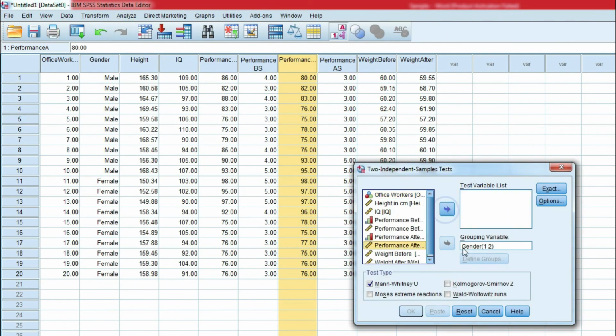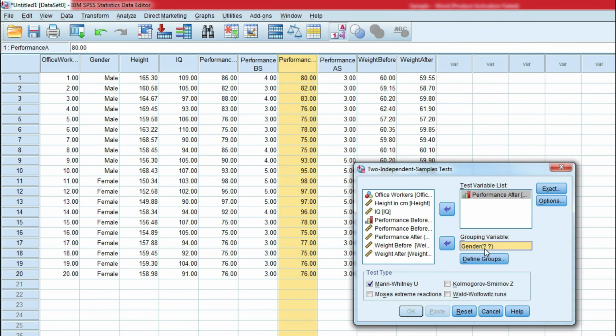Okay, so we remove this first. So in here, we are going to put the performance after the intense training, and then they are going to be grouped according to sex.